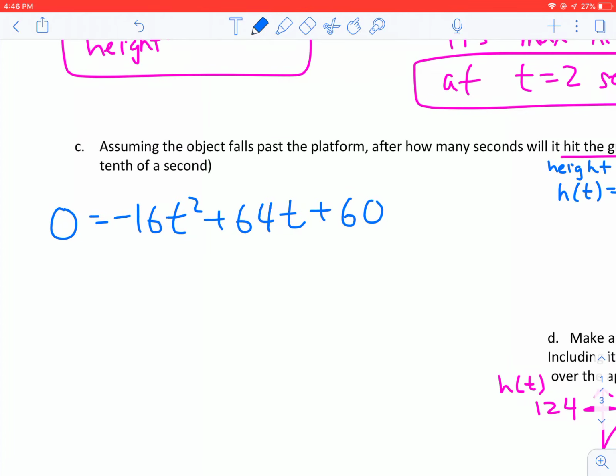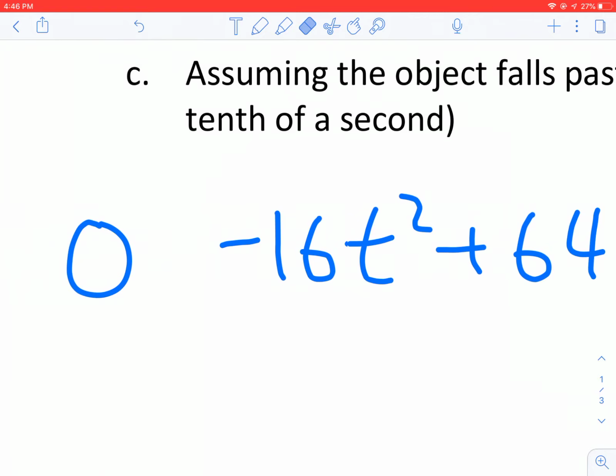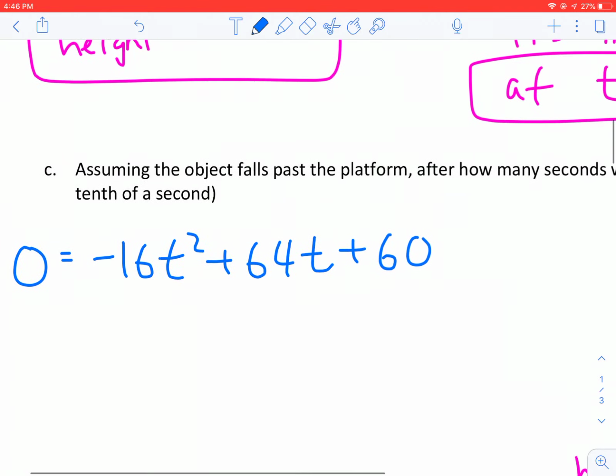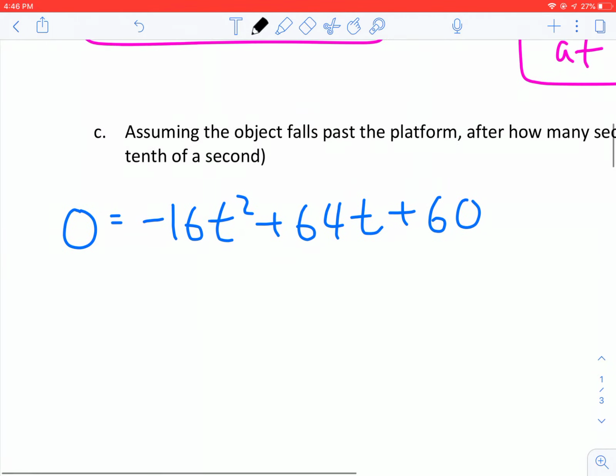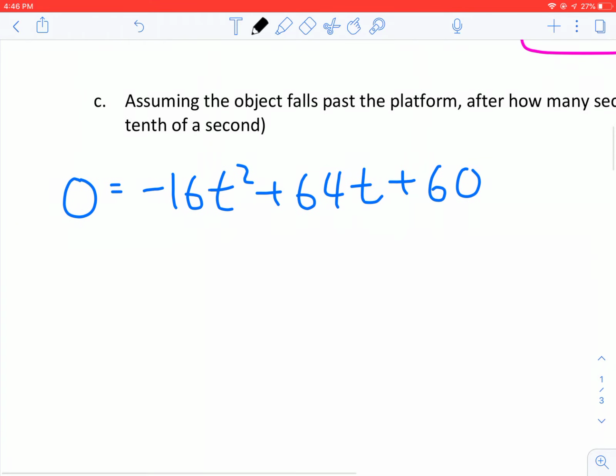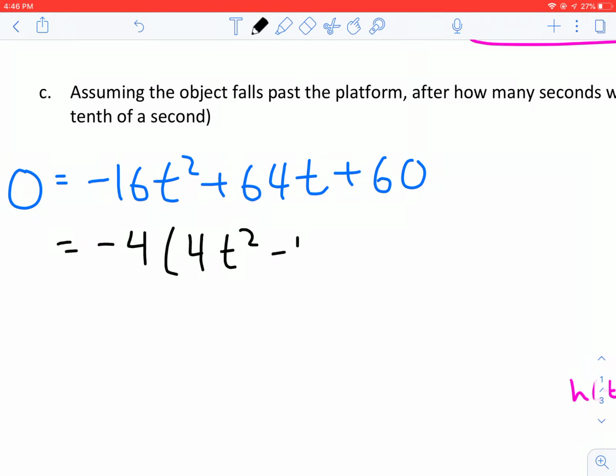All right, so we've done all of this before. Just the equation's a little different, but I'll let you know this equation is not factorable, so we need one of our new strategies to solve it. If you try to factor this real quick, try to take out a GCF or try the AC method right away. I think I can factor out a negative 4: negative 4 times t squared minus 16t, and 60 divided by negative 4 is negative 15.